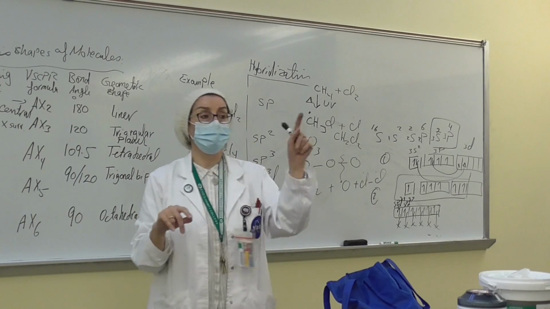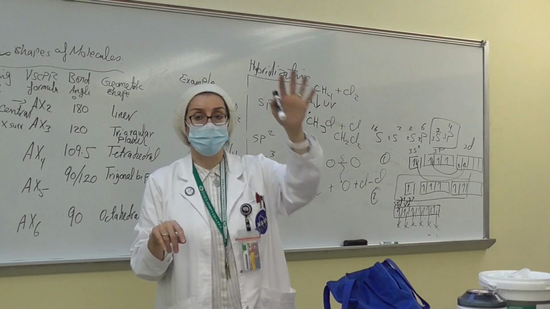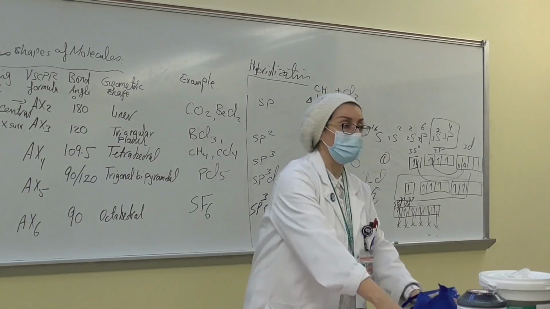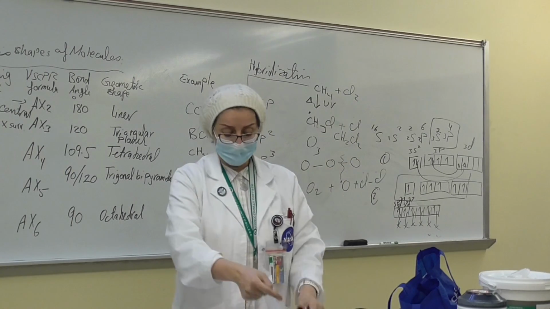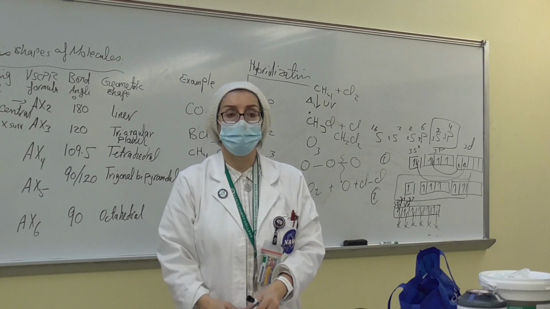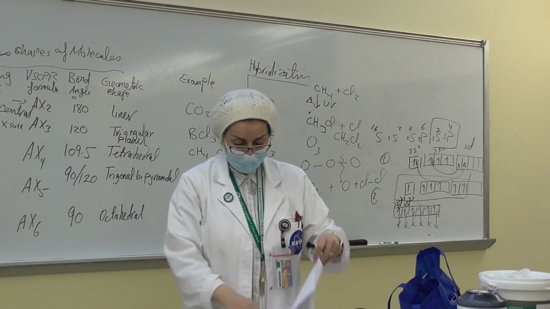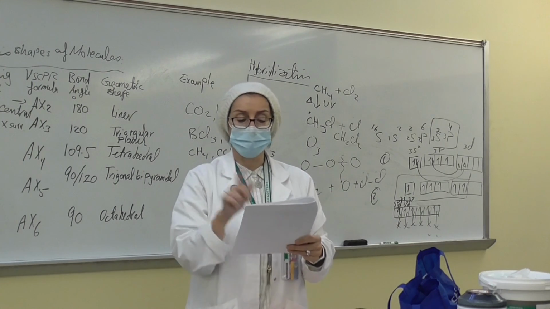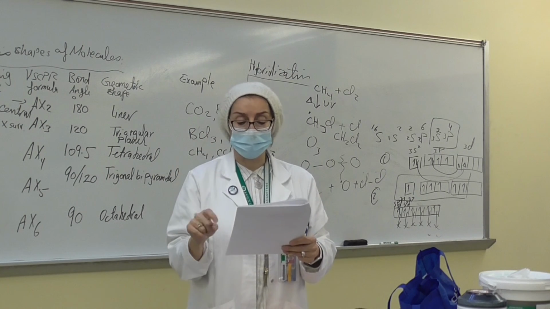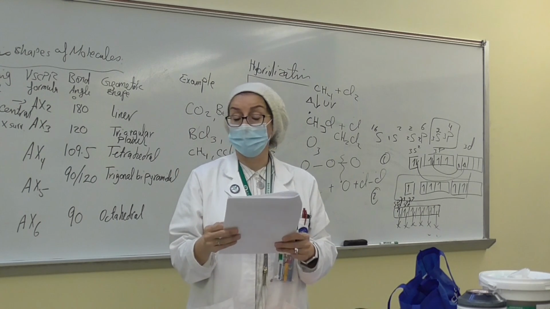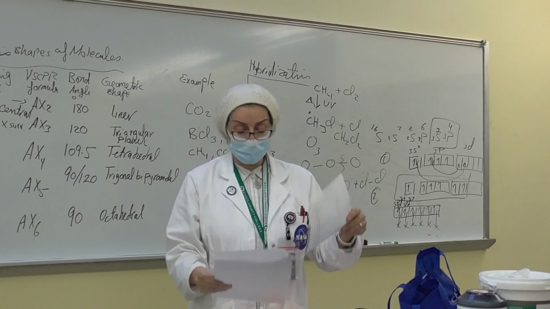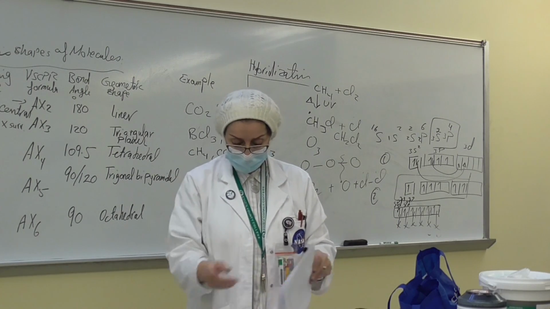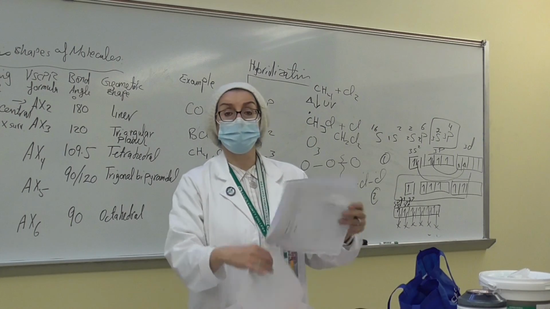You can continue. I want you to work as a group of 2 or 3, whatever your group, and then follow the whole entire assignment that you have here. At the end of the day, you need to submit your lab report with answering the result and discussion, experiment number 6, page number 71, Lewis structure and molecular model, and then carry on all the way to page 73 and 74, okay?